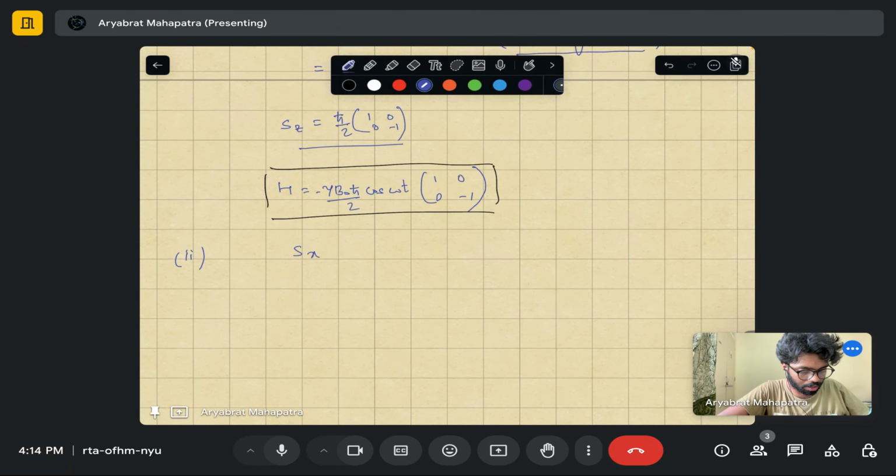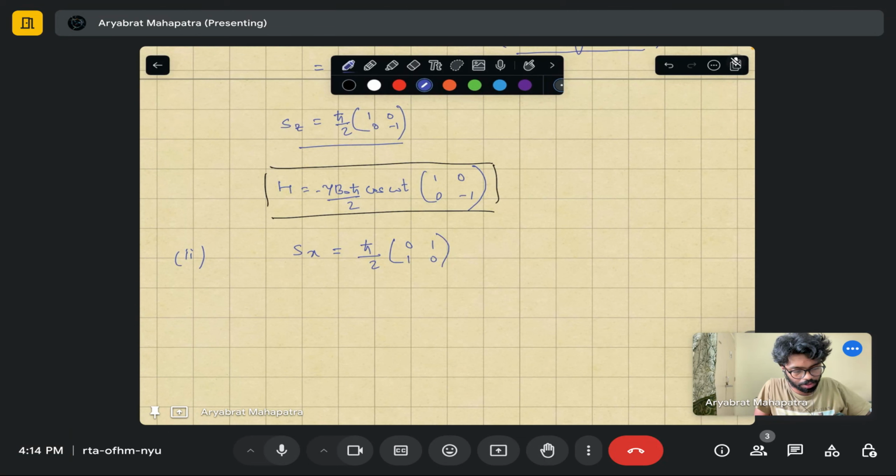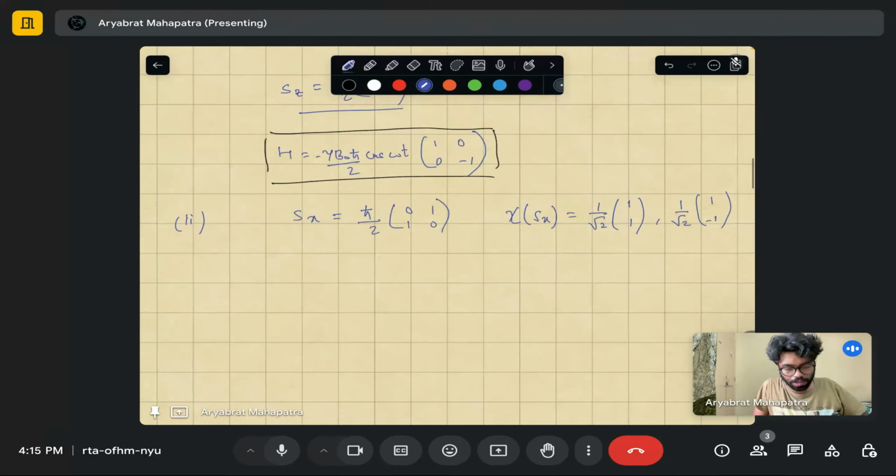If you remember, we wrote Sx like this, and it has two eigenvalues, one was plus h bar over 2, and the other was minus h bar over 2.